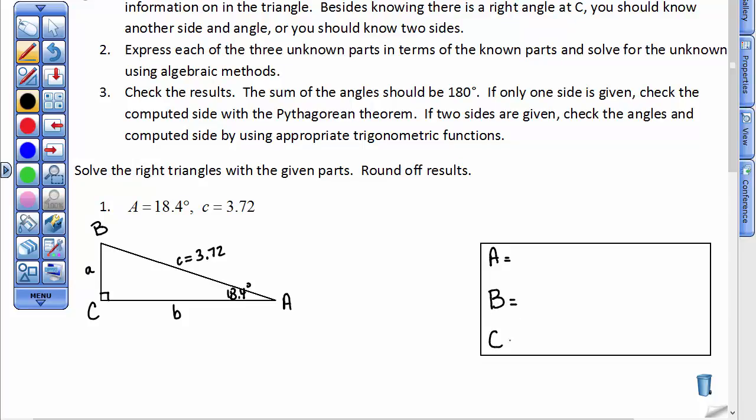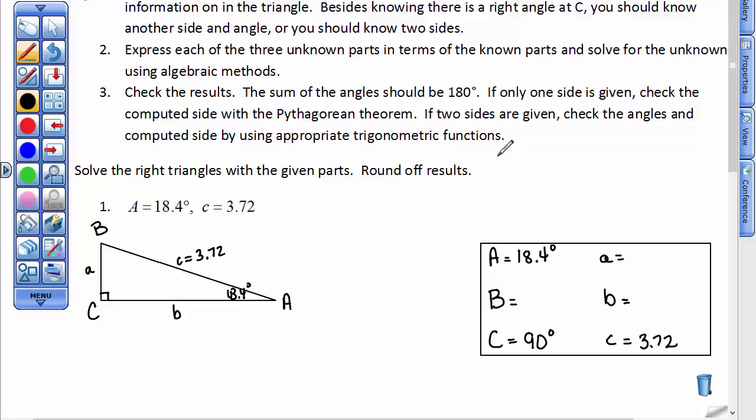In this box, you put 3 capital letters and 3 lowercase letters that are those sides opposite an angle. So if this is the right angle C, then this is side C. And fill in the information that you know. So I have a 90-degree angle in this problem, I have an 18.4 degree angle for angle A, and I have side C is 3.72.